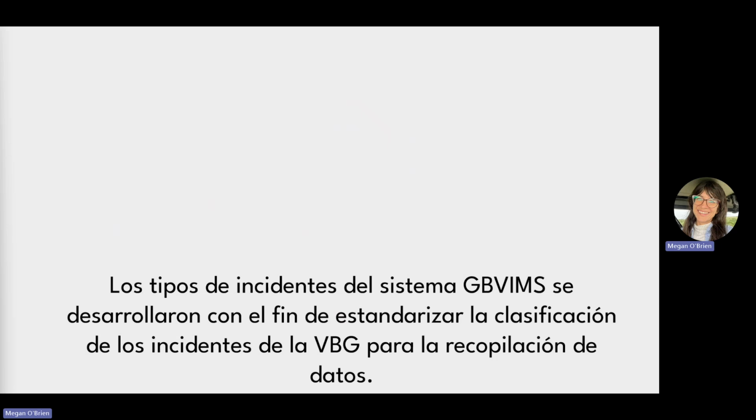The GBVIMS incident types were developed in order to standardize the classification of GBV incidents for data collection purposes. Regardless of the incident type, the survivor should be able to access any service they need.